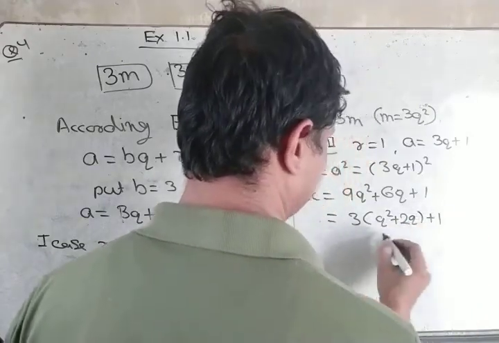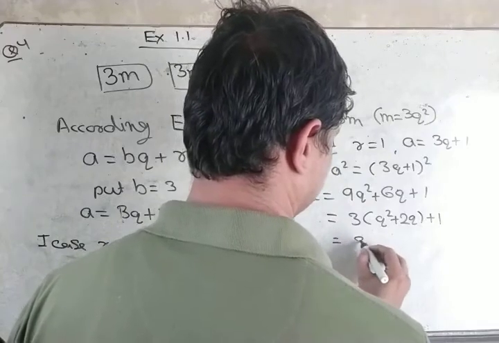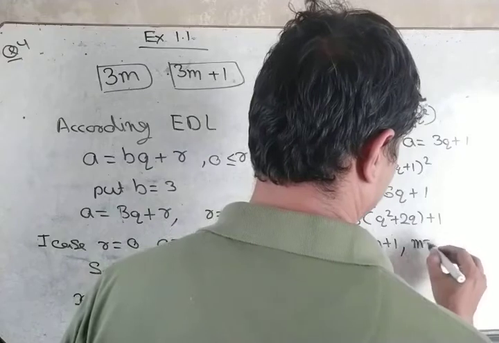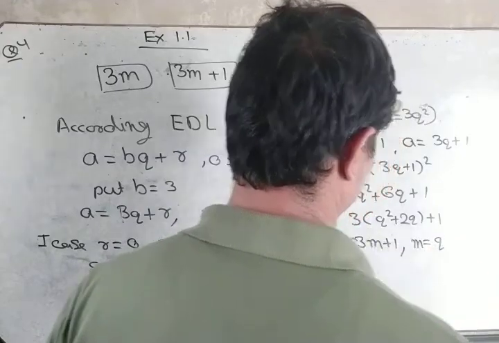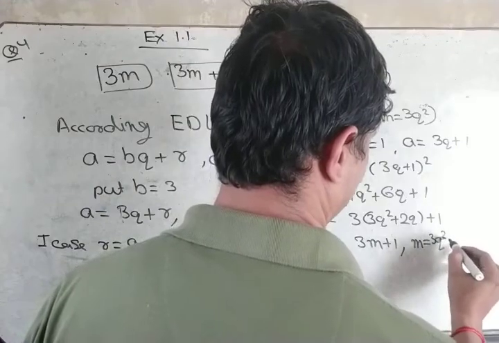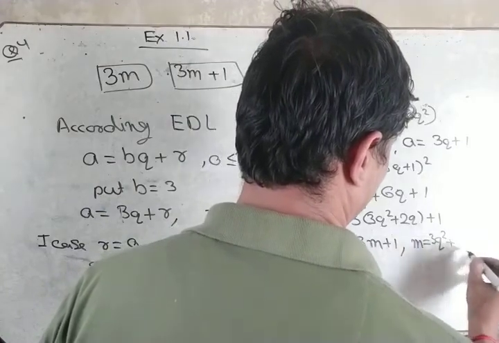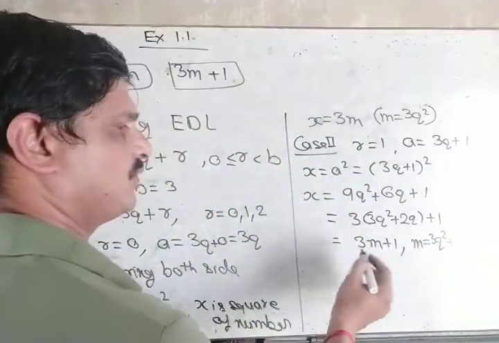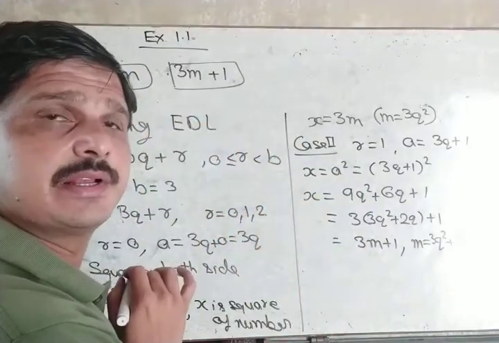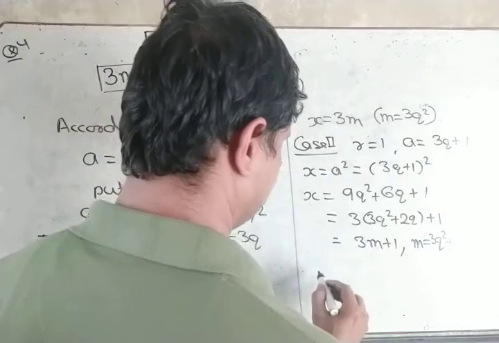Put 3q square plus 2q as m. Then we have shown this in this format. Now case third.